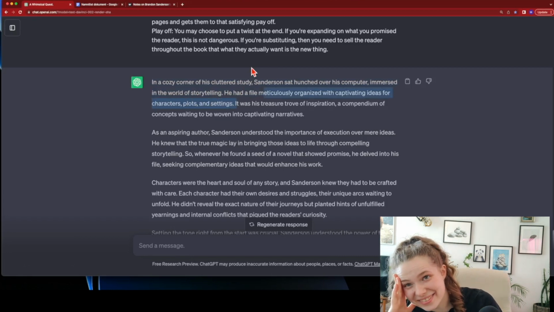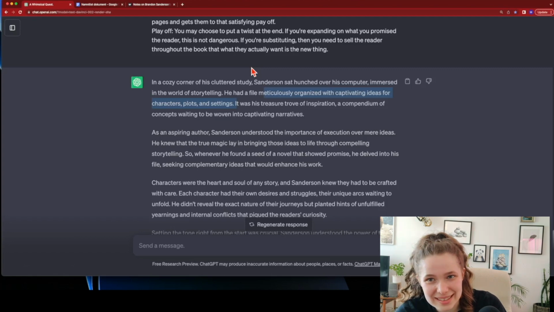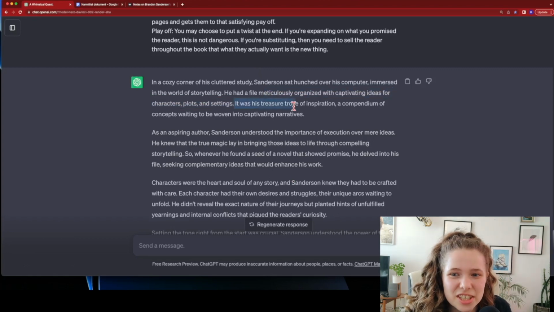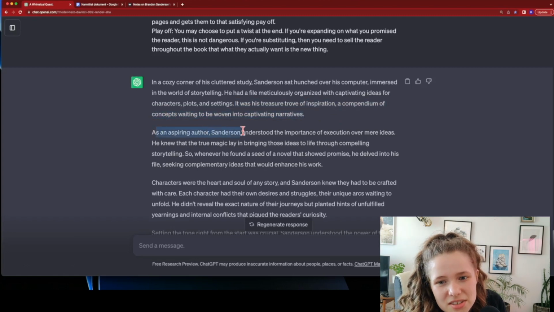This is not going to work at all, but I love how all of these things turn so meta without me intending to in the prompt. It was his treasure trove of inspiration, a compendium of concepts waiting to be woven into captivating narratives. As an aspiring author, Sanderson understood the importance of execution over mere ideas.